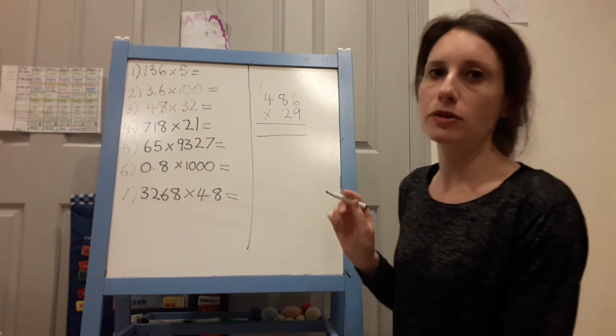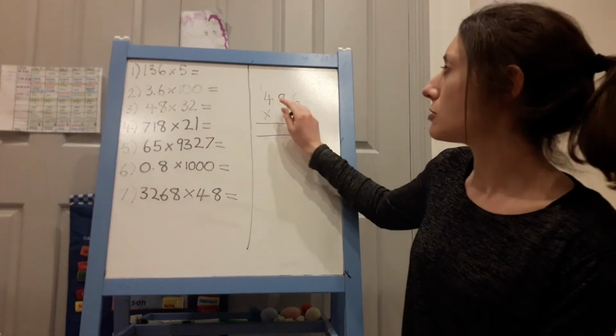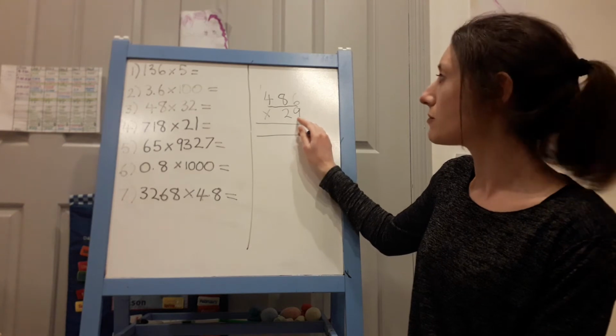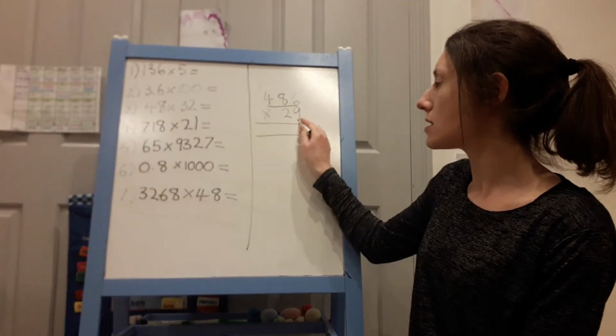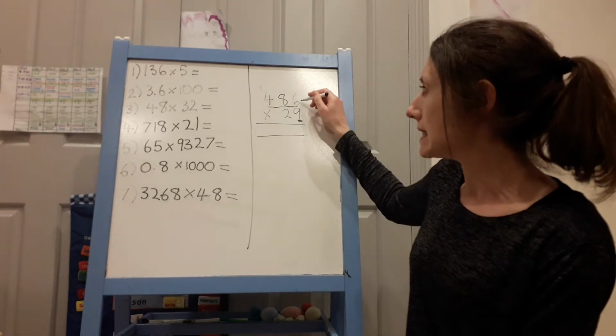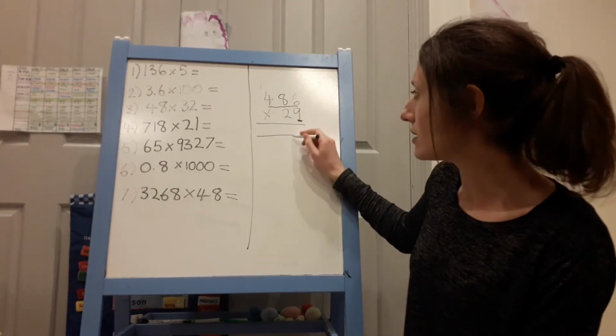Remember, just like you did with the short multiplication, you're going to be multiplying everything on the top line there by this, but first of all you're multiplying everything by whatever digit is in the ones column, in this case 9. So 6 times 9 is 54.